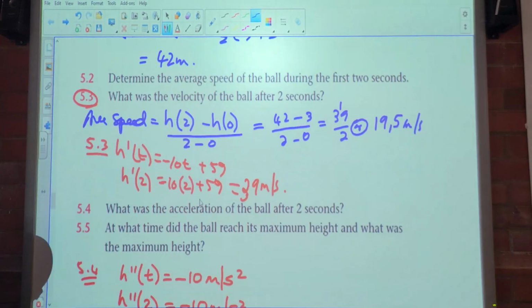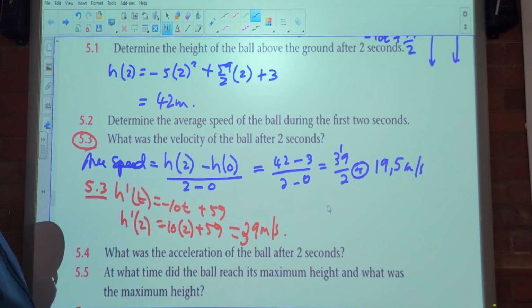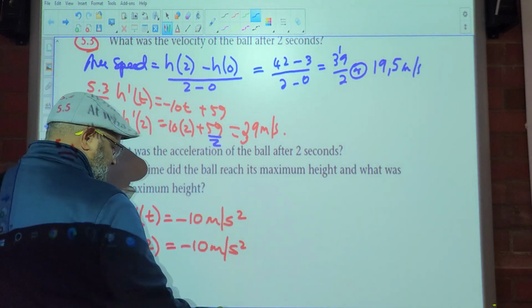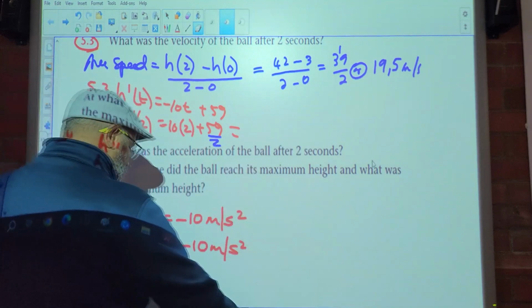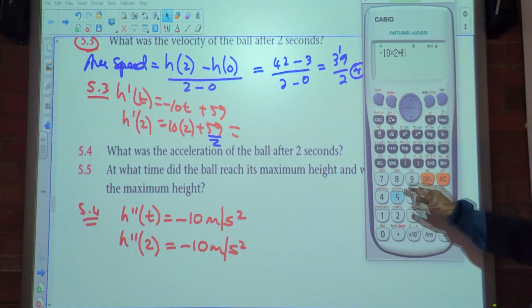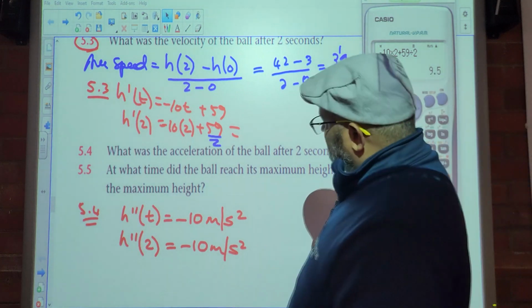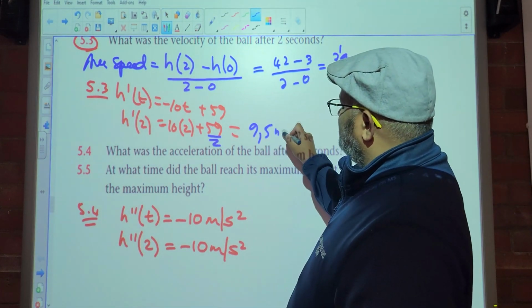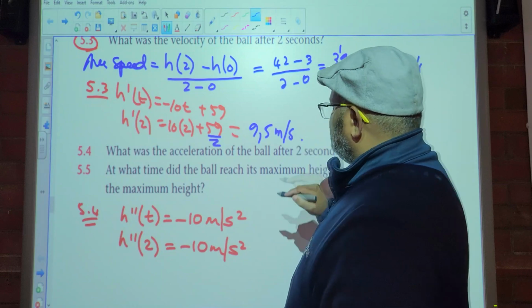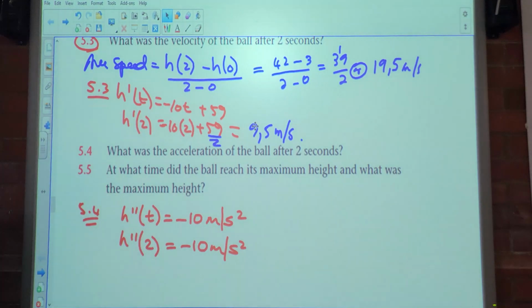Let's go here again. I apply the derivative, but why did I say multiply by 2? This is my mistake. So that is simply negative 10 times 2 plus 59 over 2, which is 9.5, absolutely correct. 9.5 meters per second. Thank you. And then of course 5.4 is correct?